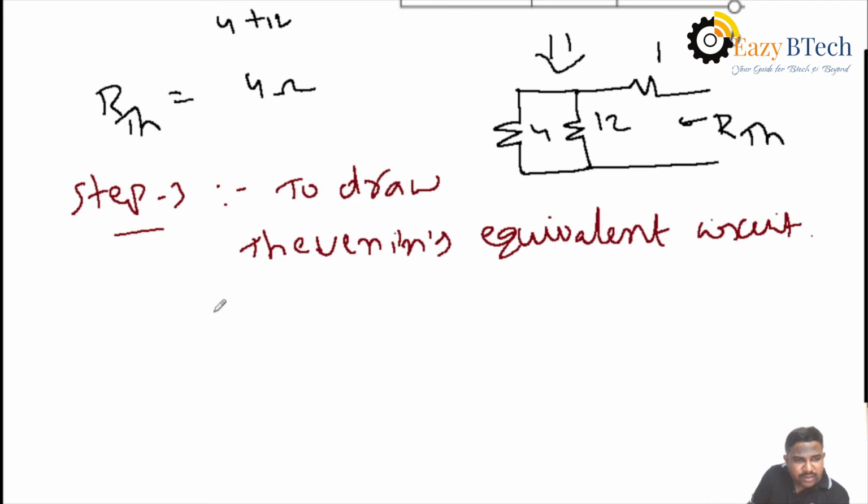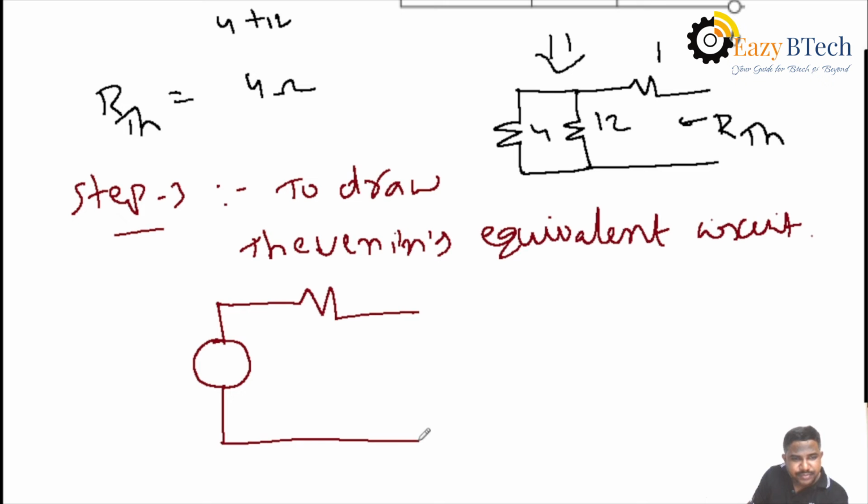Then what is the equivalent circuit? A voltage source in series with resistance. That voltage source is our finding VThevenin, and series resistance is our finding RThevenin. Okay. Then across this point is nothing but AB point.